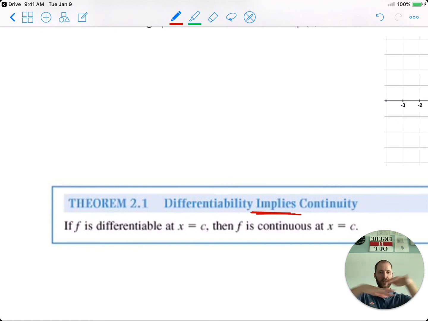Think of continuity as the floor and differentiability as the furniture. If the furniture's there, there's probably already a floor holding that furniture up. So this is again a theorem: if f is differentiable at x equals c, then f is continuous at x equals c.